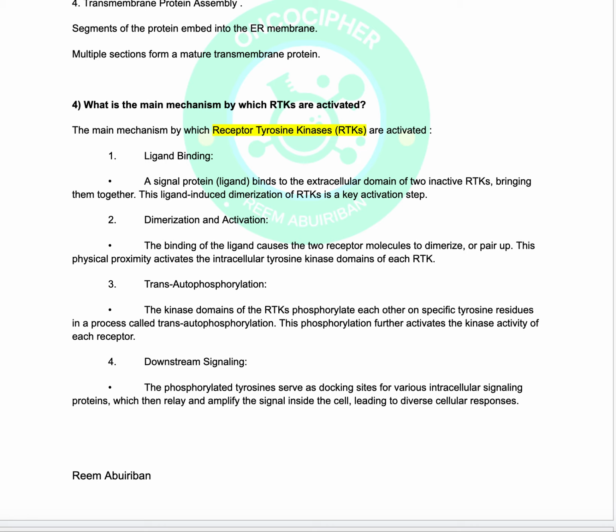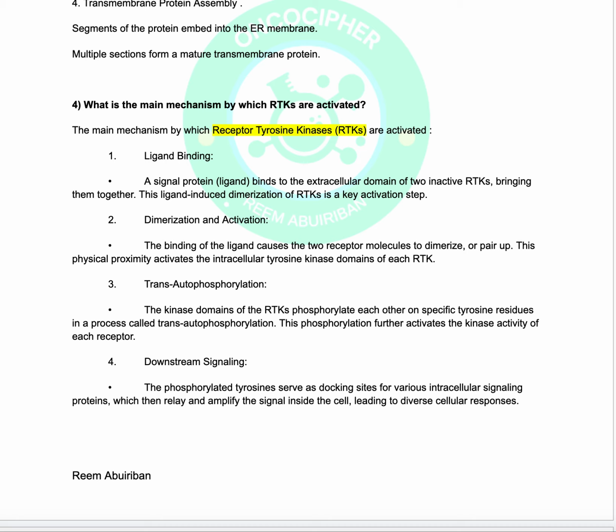Dimerization is like coupling of two subunits of the receptor tyrosine kinase. The binding of the ligand causes the two receptor molecules to dimerize or pair up, and this physical proximity activates the intracellular tyrosine kinase domains of each receptor, which leads to trans autophosphorylation.